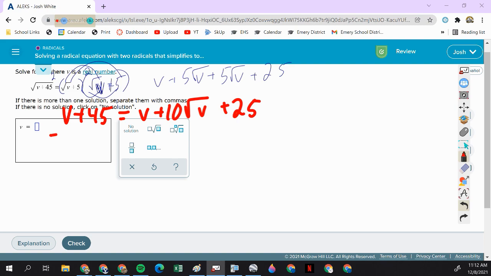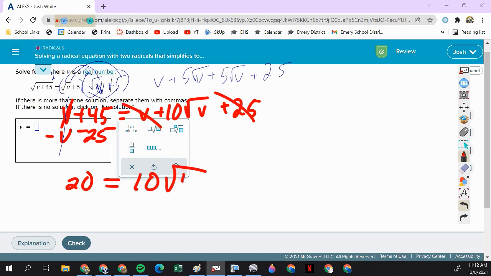So I subtract v. Oh my gosh, I keep doing that. Those cancel. Subtract 25 and I get 20 equals 10 root v. How about 10? We'll divide by 10.